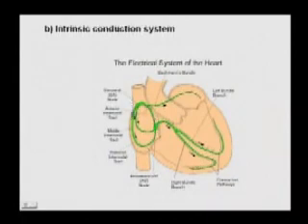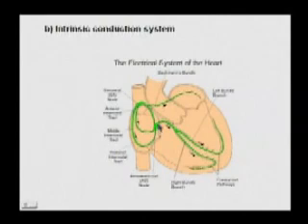And although there aren't any anatomical fibers identified, there is a conductive circuit that radiates out from there, and it all converges ultimately on the atrioventricular node, the AV node, at the base of the intraventricular septum, right at the crux, but more on the right-hand side.